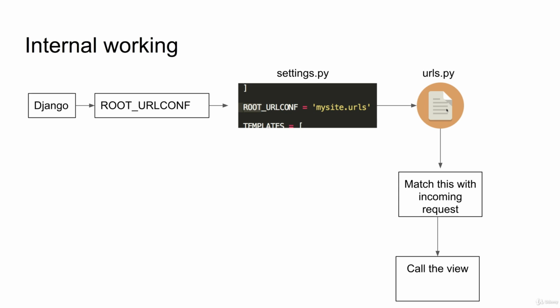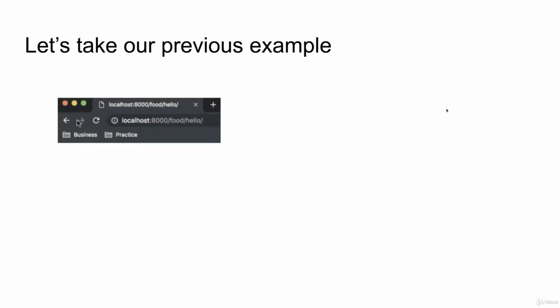Now, if this sounds confusing to you, let's take an example. We will take the example we completed in the previous lecture, where we have one view associated with a particular URL. In the previous lecture, we entered this URL, /food/hello, into the URL bar. Now let's understand how Django works from here.